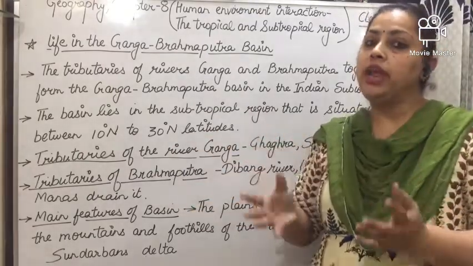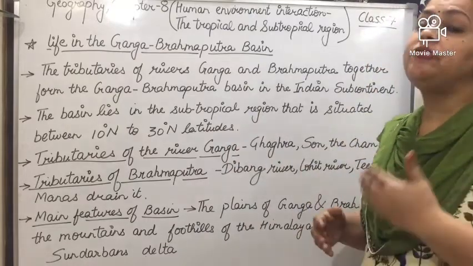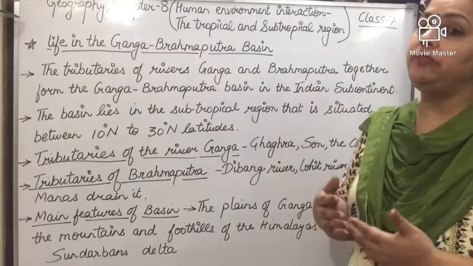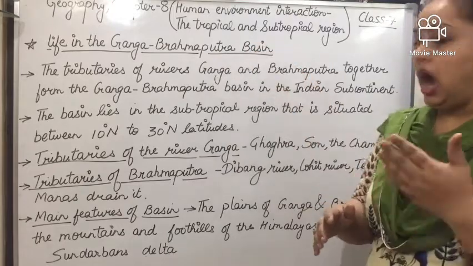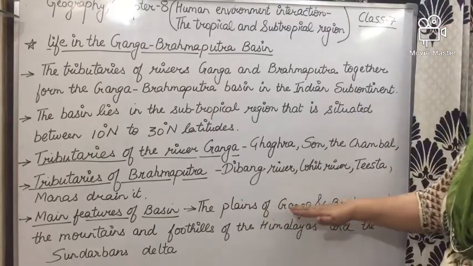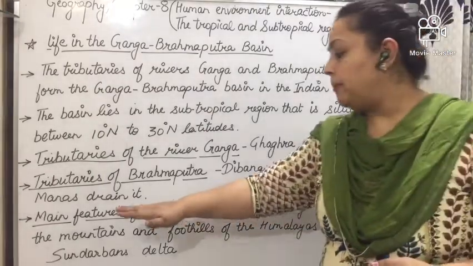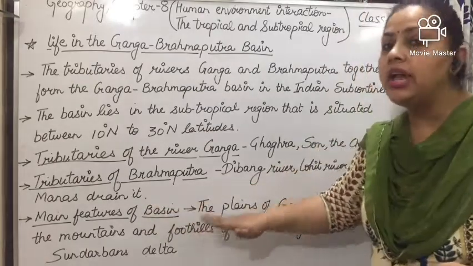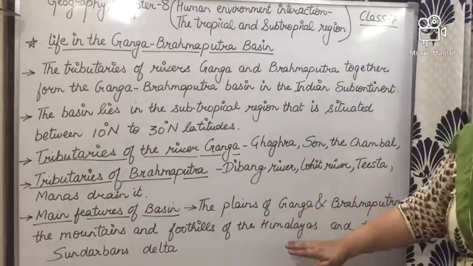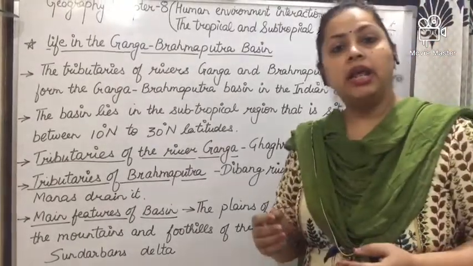They all drain it. What are the main features? The first feature is the plain of Ganga and Brahmaputra. Second, the mountains and foothills of the Himalayas and the Sundarban Delta.